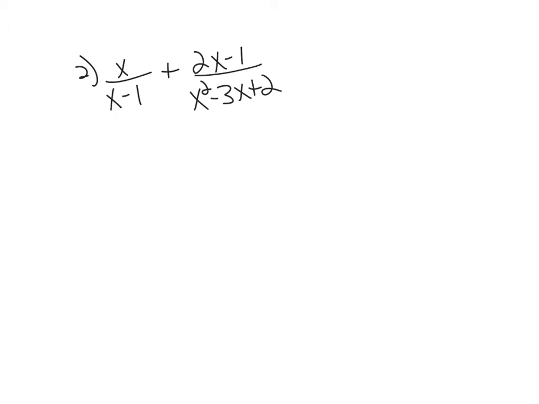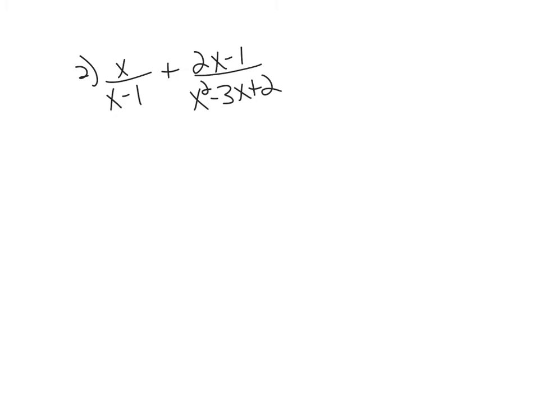We have x divided by x minus 1 plus 2x minus 1 divided by x squared minus 3x plus 2. So first step is if we're going to add fractions, we need to have a common denominator. So let's look at our two denominators. Are they the same? No. So first step is we need to factor, okay?